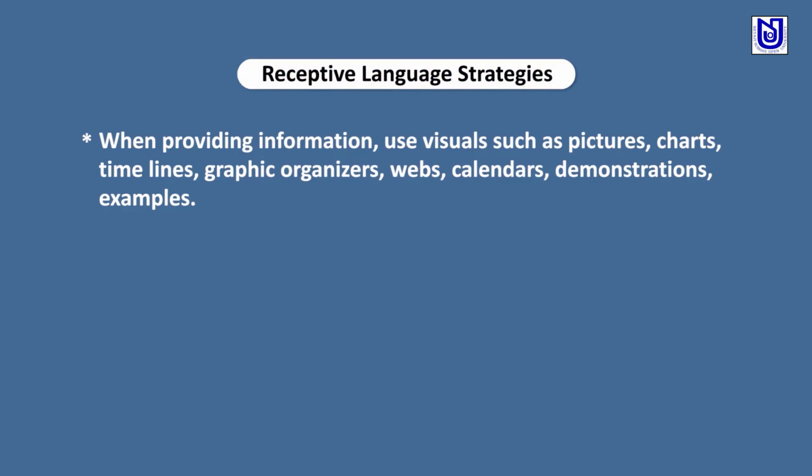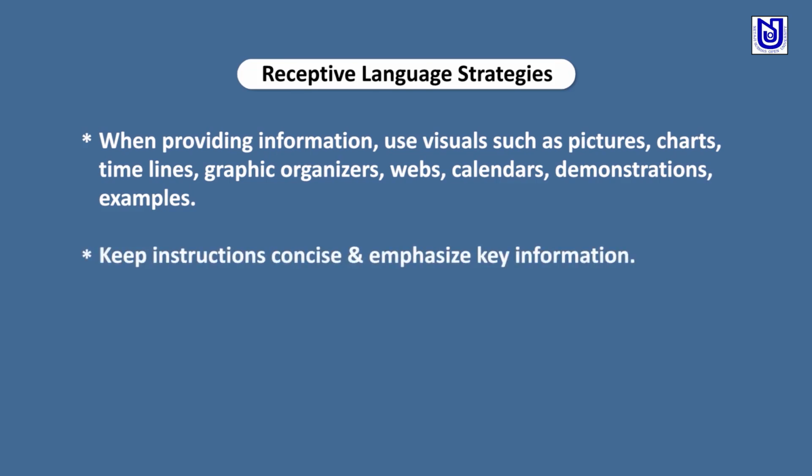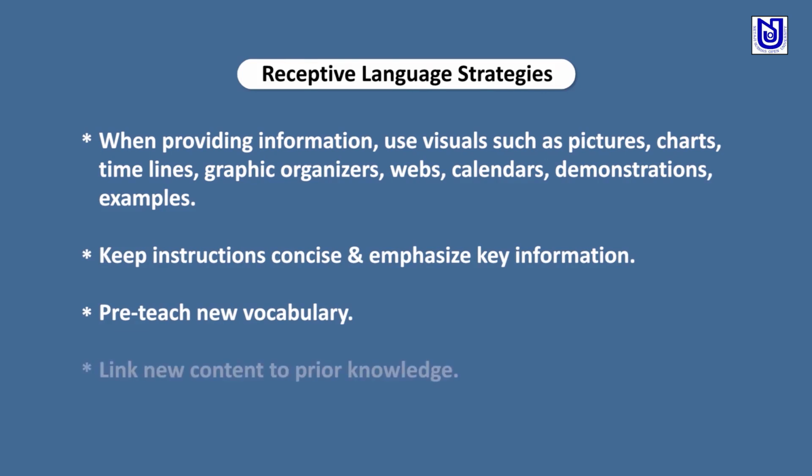When providing information, use visuals such as pictures, charts, timelines, graphic organizers as I already mentioned, then webs, calendars, demonstrations, examples. Keep instructions concise and emphasize key information. Pre-teach new vocabulary, that is another intervention strategy.